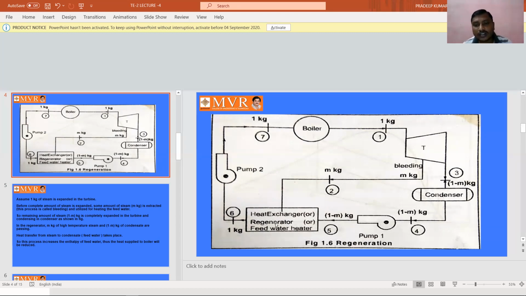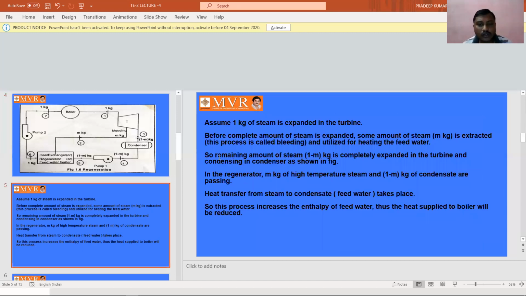For heating this feed water, some of the steam has been extracted, and the remaining steam, 1 minus m kg of steam, has entered into the condenser. We can observe here that the remaining amount of steam, 1 minus m kg, is completely expanded in the turbine and condensed in the condenser as shown in the figure.